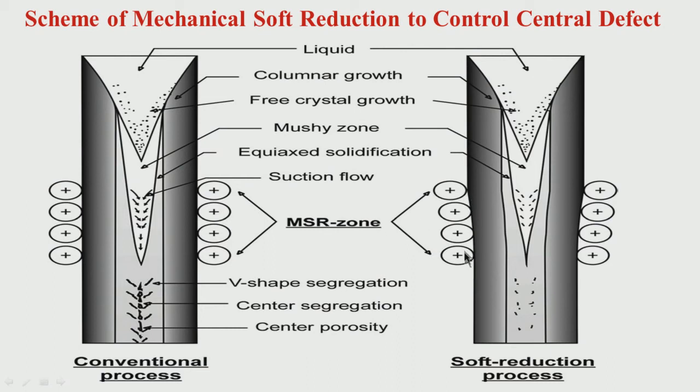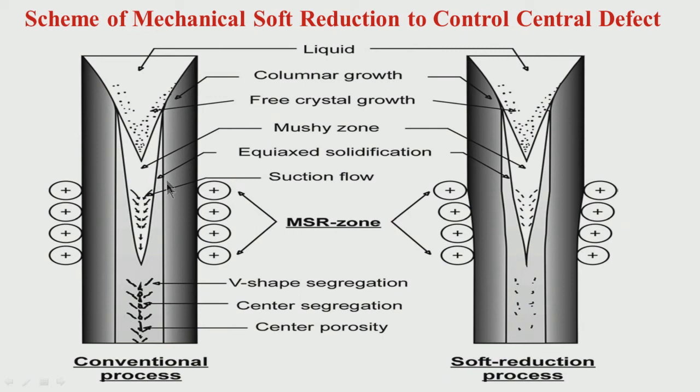The zone of mechanical soft reduction, again I am telling you, is very important. I will discuss this in greater detail after some time, but what is important is this MSR zone, the mechanical soft reduction zone, when you are giving this soft reduction at the final stage of solidification, that is very important.